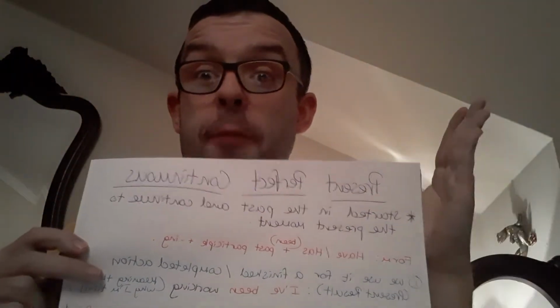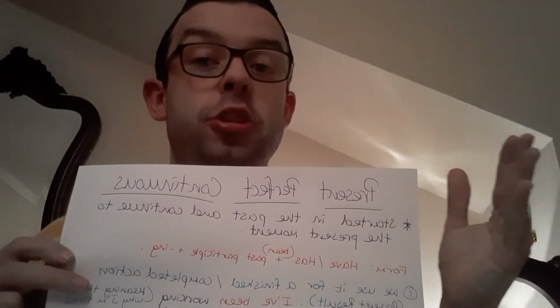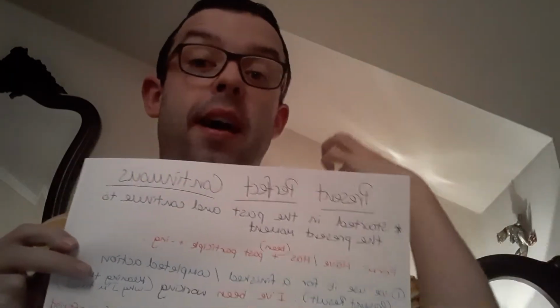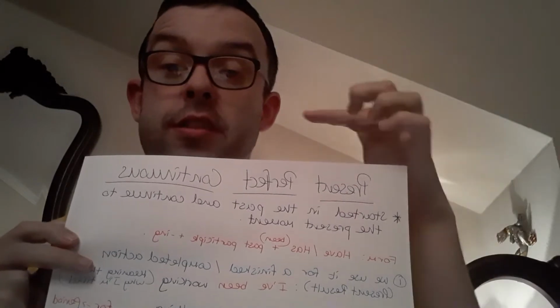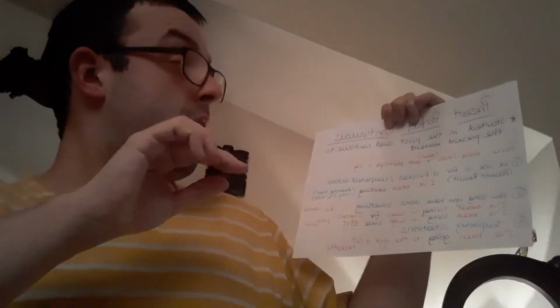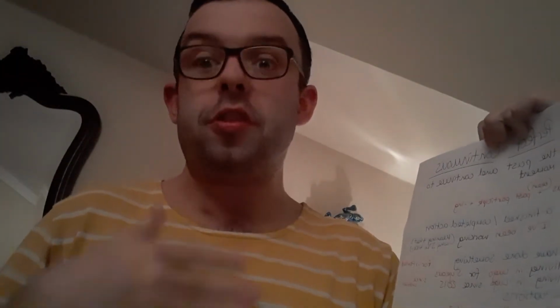Now, unlike present perfect simple, which is talking about an action in the past that has an effect in the present, present perfect continuous is an action that has already started in the past, but it continues in the present moment. So it's a continuous action. How do we form it?